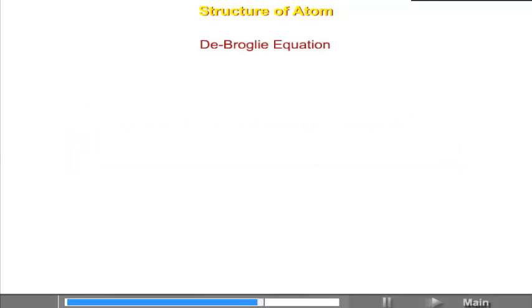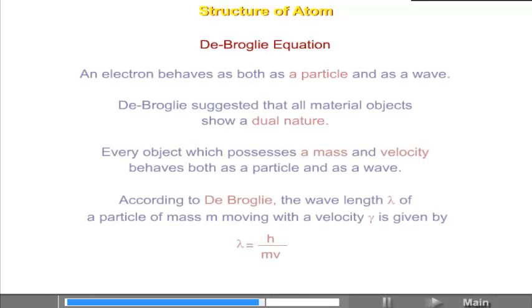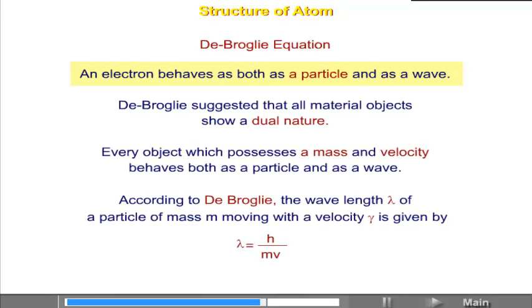De Broglie's equation. An electron behaves both as a particle and as a wave. De Broglie suggested that all material objects show a dual nature. Every object which possesses mass and velocity behaves both as a particle and as a wave.